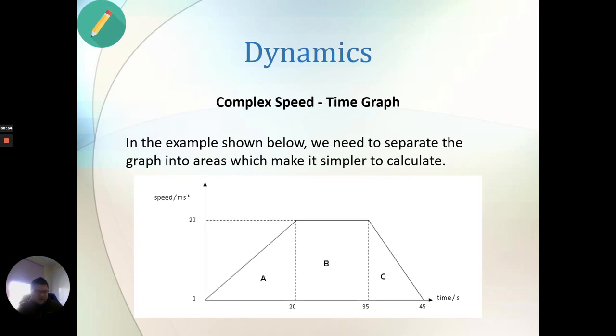So for example, when you're looking at B, the number for the base is not 35, because the entire base isn't 35. The base is the difference between 35 and 20. So 15 is the base and 20 is the height.